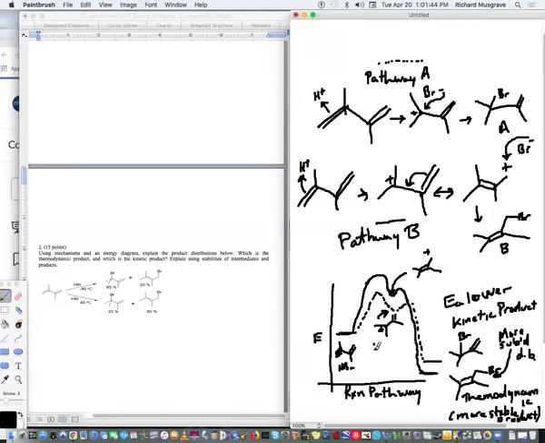This one's the more stable carbocation, because it's tertiary. And this one is primary. And that would be enough of an explanation there.